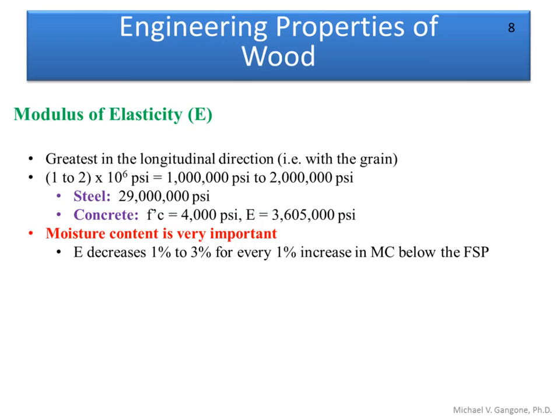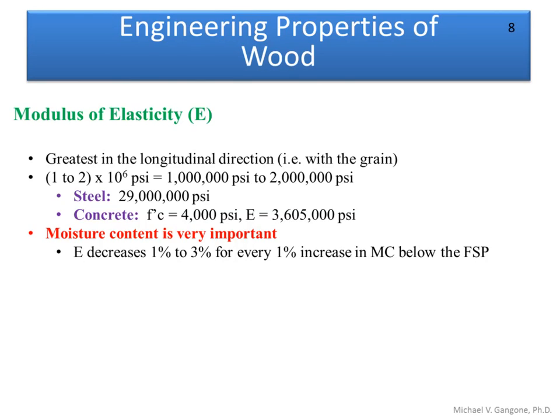Modulus of elasticity depends on the direction of the fiber of the wood. The cells are actually the fibers. That's what gives strength and stiffness to the wood. The direction of those fibers has a direct impact on the overall strength and stiffness. Anytime you're looking at the strength or stiffness with the fibers, that's typically going to be much higher than anything against the fibers or perpendicular to the fibers.